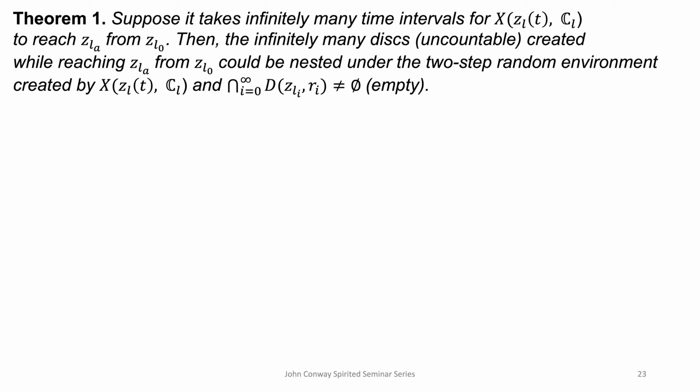Now again, if we consider the same bundle, and it takes infinitely many intervals to reach, sorry, let me explain the statement. If we consider the same bundle and infinitely many intervals to reach from the initial value to ZLA, with infinitely many disks of formation, then the intersection of all the disks is non-empty.